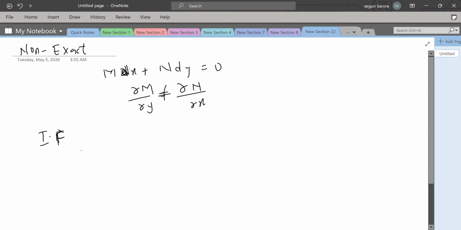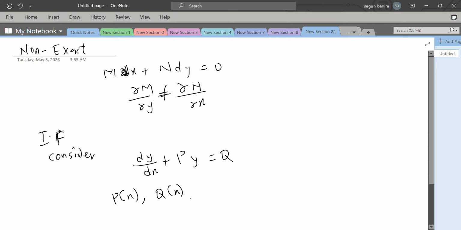Okay, so this is the kind of equation we are considering: an equation of the form dy/dx plus P(x)y equals Q(x), where P is a function of x and Q is also a function of x.